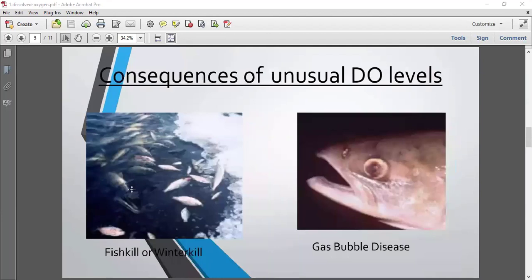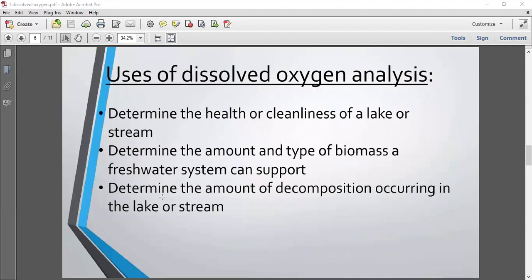Consequences of unusual DO level: fish or winter kills, gas bubble disease. This is an important parameter.